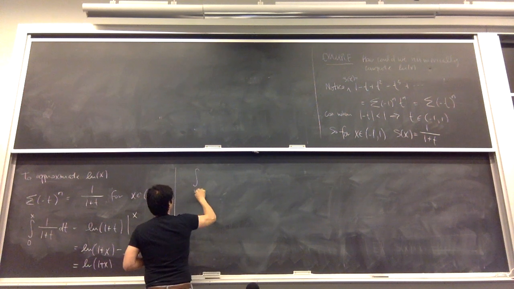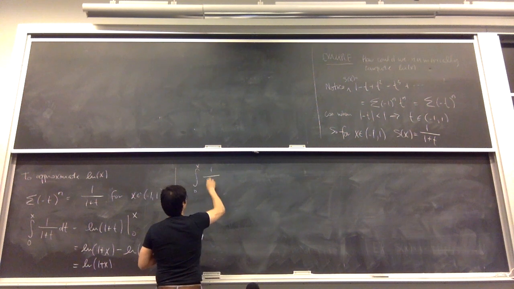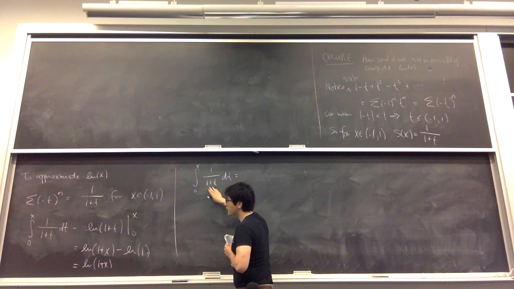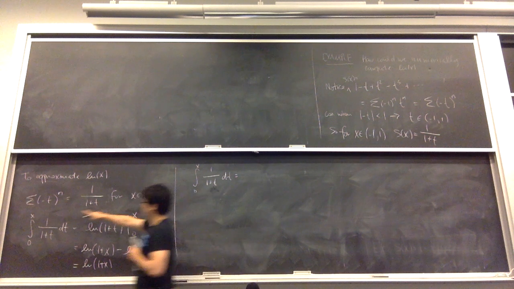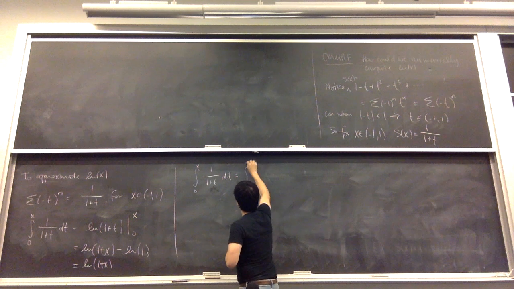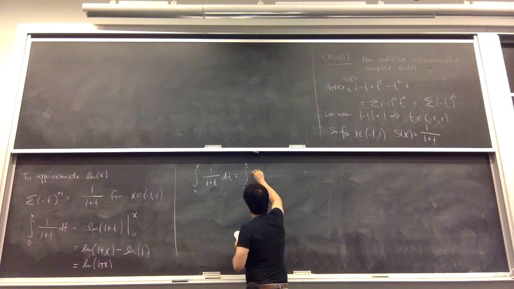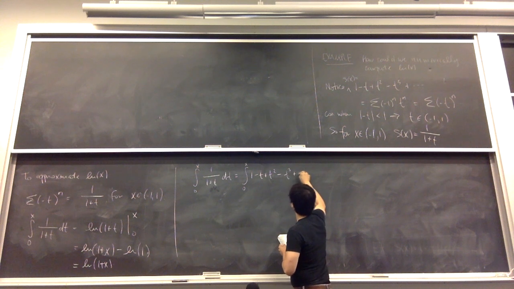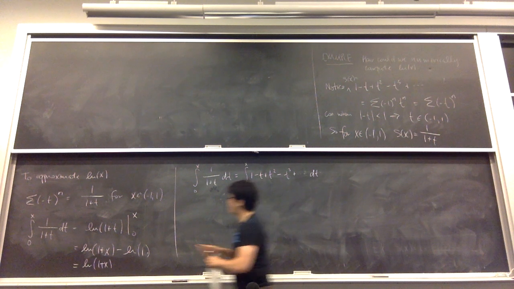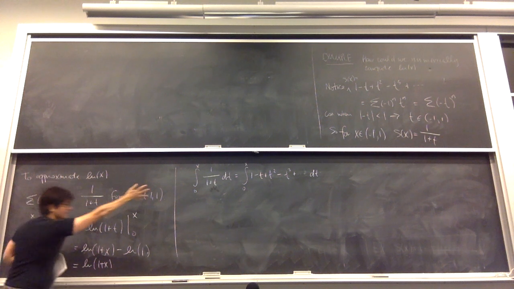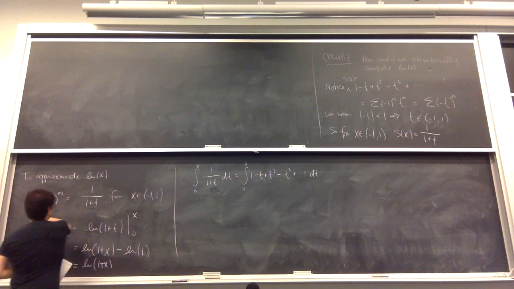I know that the integral from 0 to x of 1 over 1 plus t dt, I can use the approximation we have for this now, which is this. I can say that this is equal to the integral from 0 to x of 1 minus t plus t squared minus t cubed and so on. Okay? We know that this is approximated by this, right?